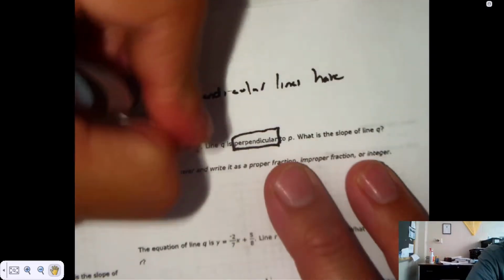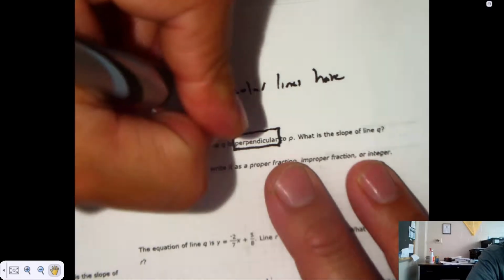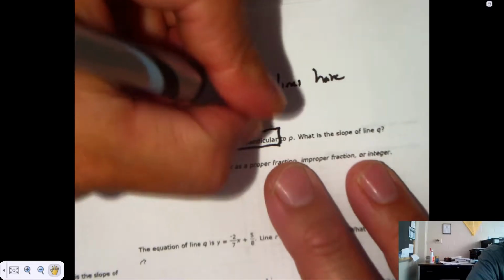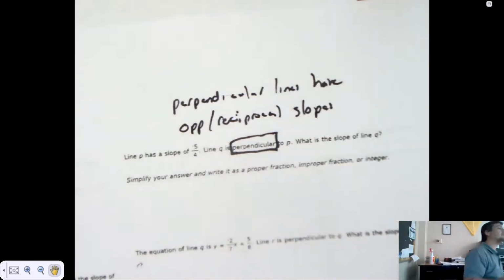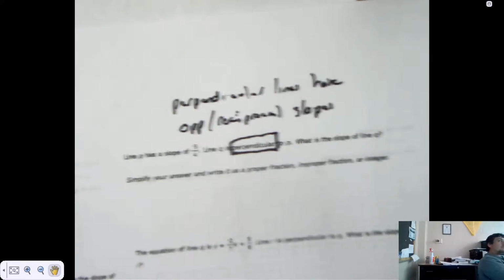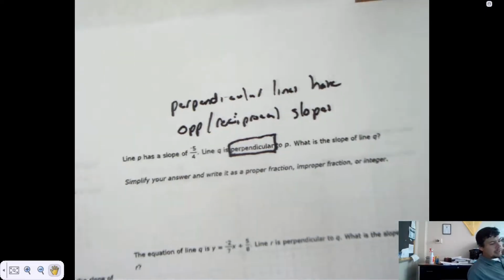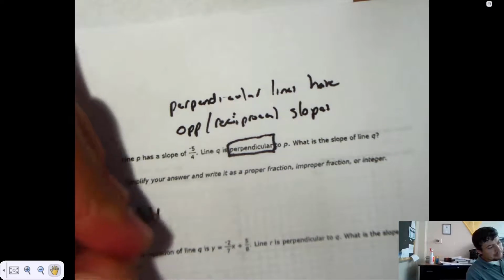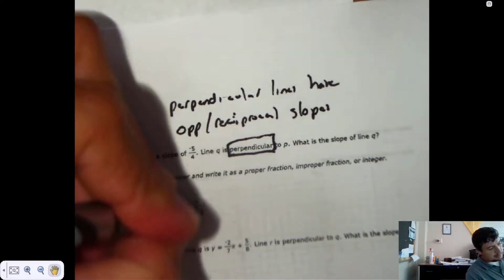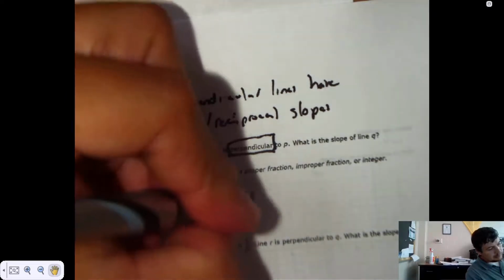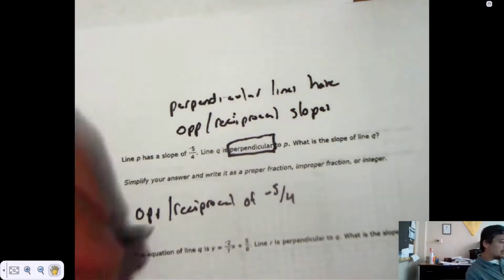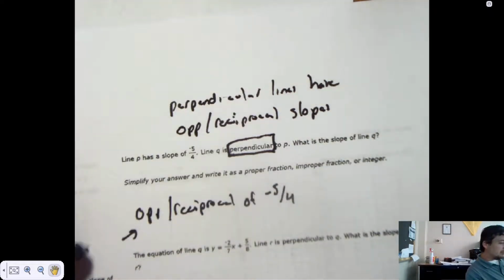Perpendicular lines have opposite reciprocal slopes. So what you're really tasked with here is finding the opposite reciprocal of a -5/4. Now opposite means change sign.